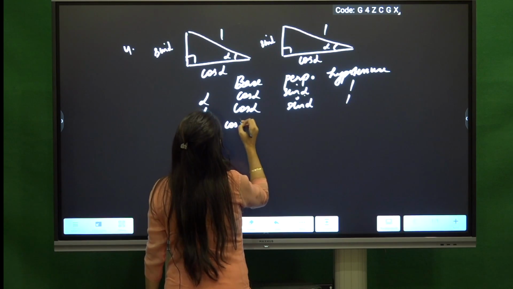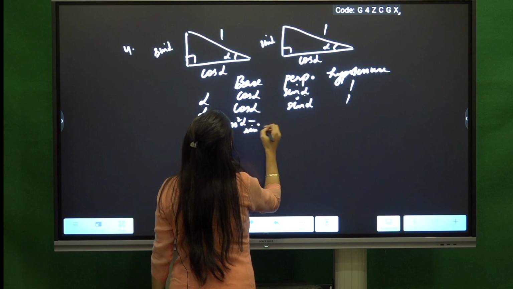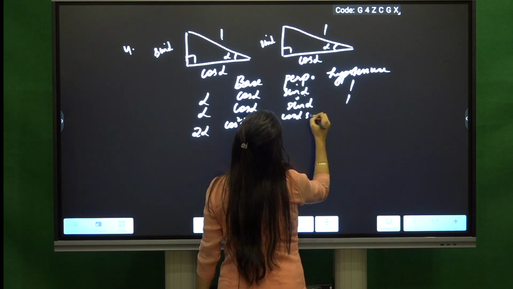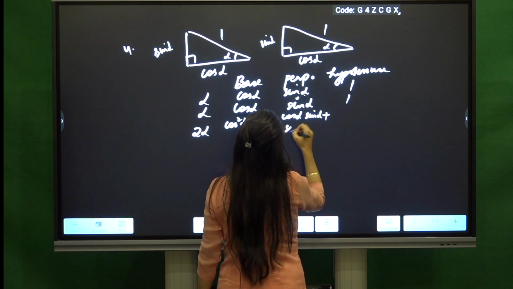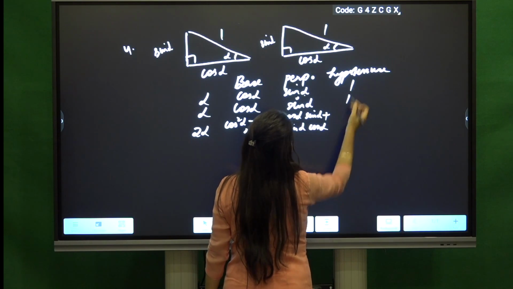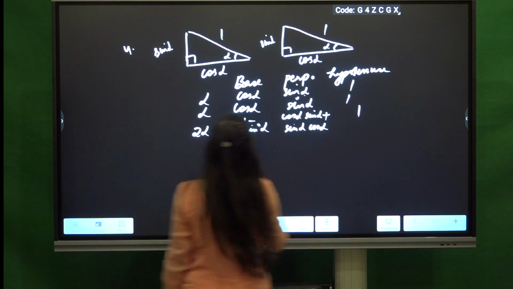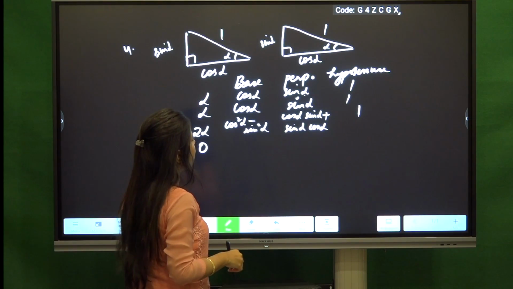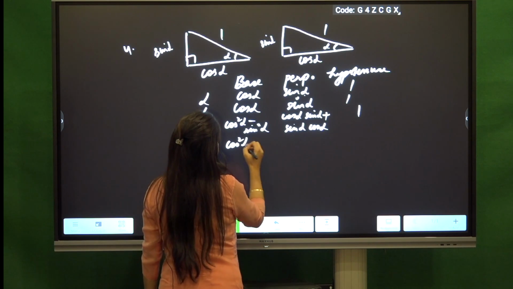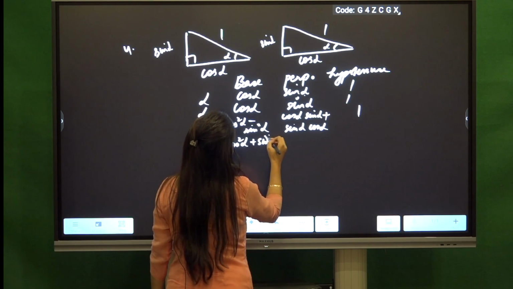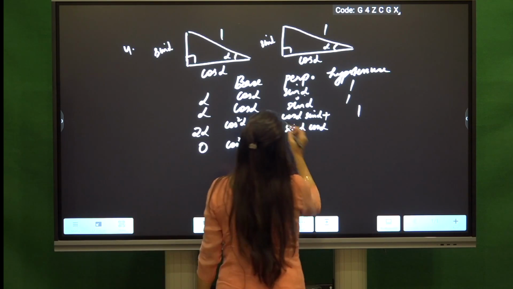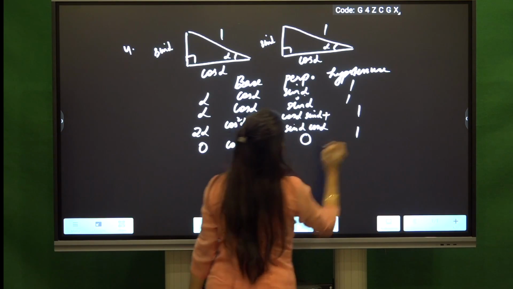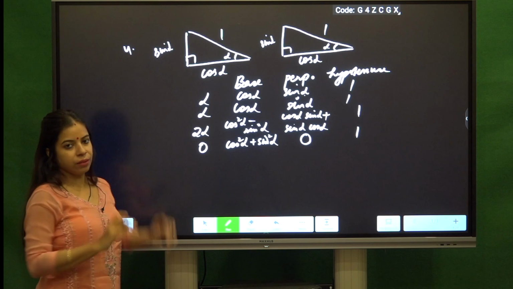So this is cos square alpha minus sin square alpha. Here in case of perpendicular it is cos alpha sin alpha plus sin alpha cos alpha. For the hypotenuse we just have 1 into 1 is 1. Here for the 0 is cos square alpha plus sin square alpha, and this is cos alpha sin alpha minus sin alpha cos alpha, this is 0 and this will be 1. Okay, so we have this now.